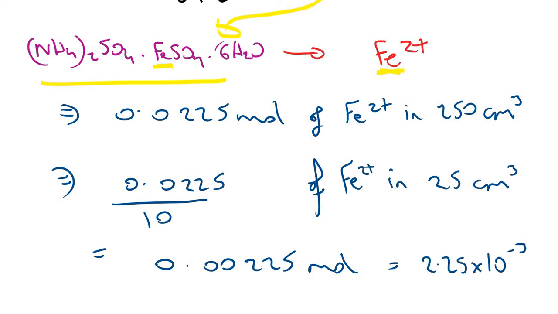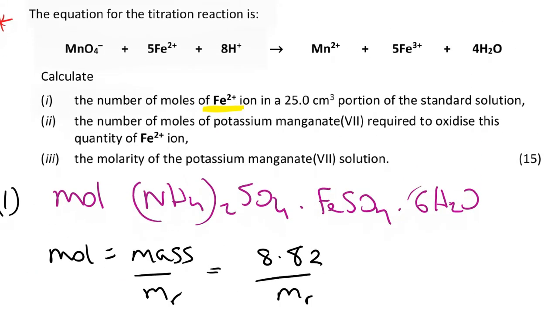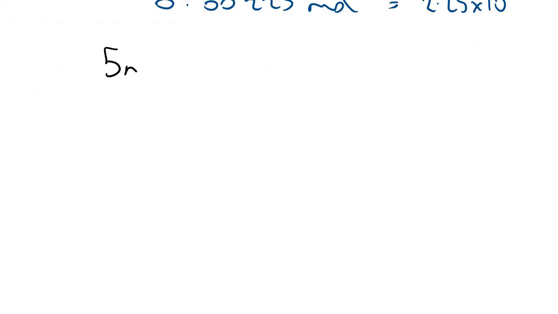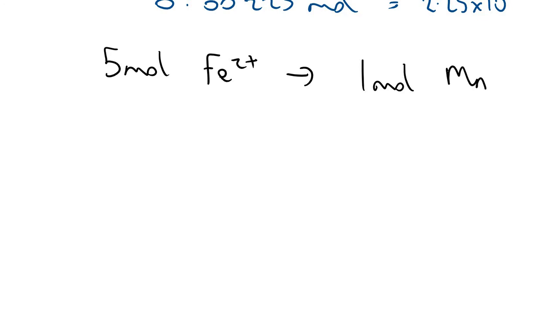Now let's just go back up to the question. We're asked for the number of moles of potassium permanganate required to oxidize this quantity. Now, the number of moles of potassium permanganate that reacts with Fe2+. Here's where we use our mole ratio. We know that for every 1 manganate, it reacts with 5 irons. 5 moles of Fe2+ reacts with 1 mole of MnO4 minus, which is manganate.